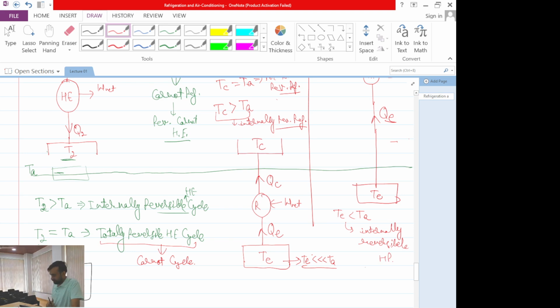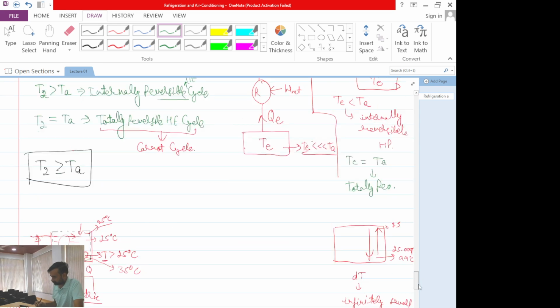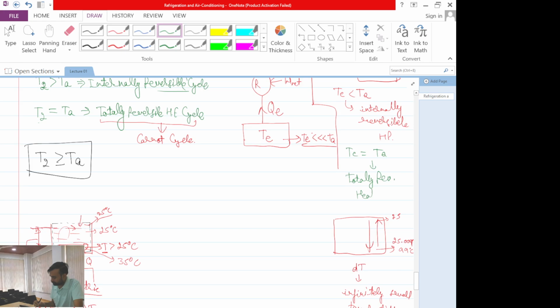Okay, when TE is equal to TA, so it means TE will be coming somewhere over there, then I am having a totally reversible heat pump cycle. Is this one clear? All are clear with this idea?